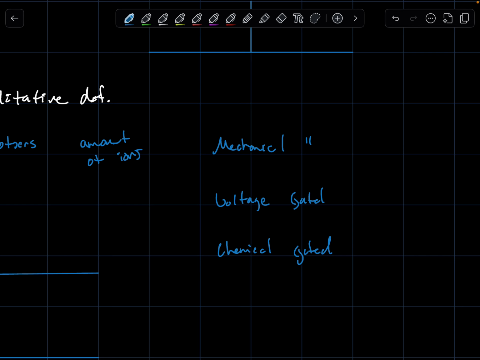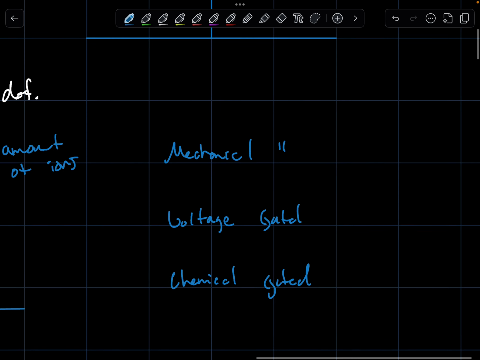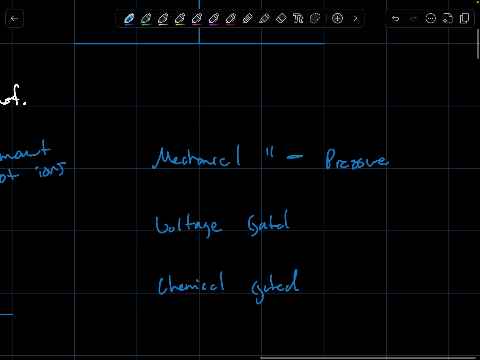An example of mechanical gated ion channels is potentially due to pressure. So if the cell senses pressure, let's say, this would cause that channel carrier to open, and so allowing ions or whatever to travel through or pass through into the intracellular space.